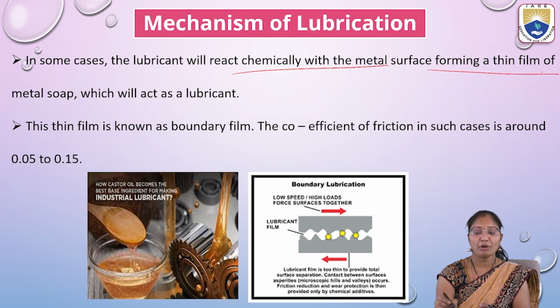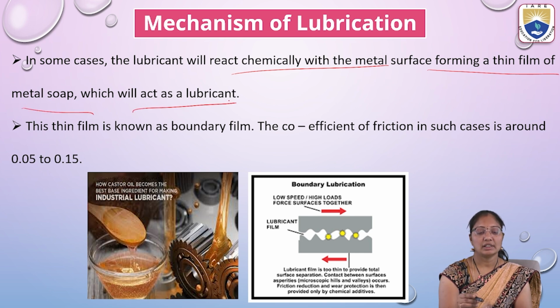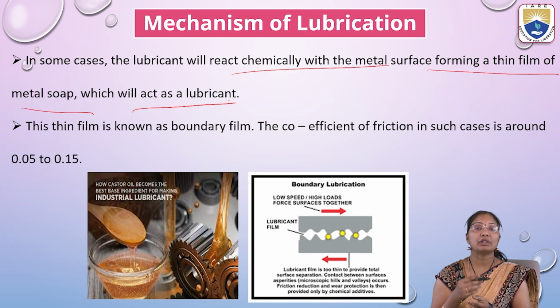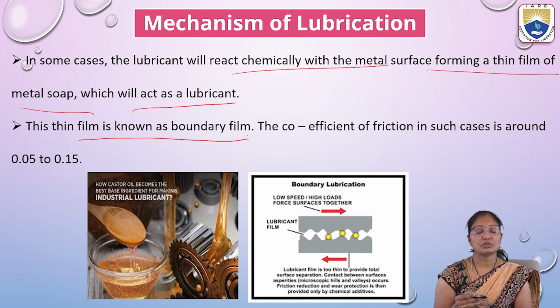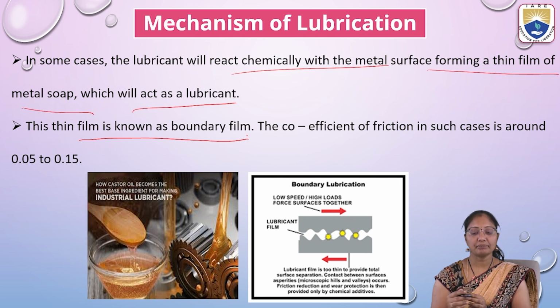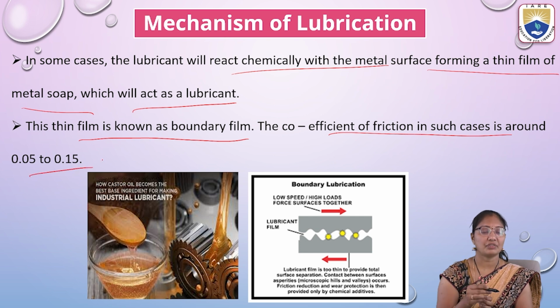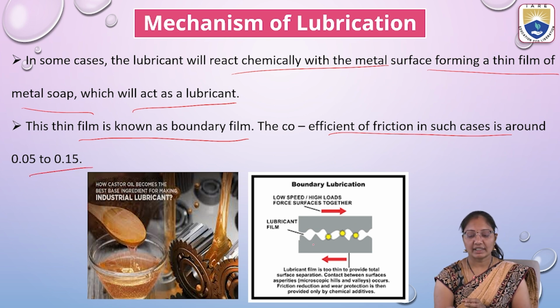So forming a thin film of metal soap which acts as a lubricant. Here the thin film will be formed, and it acts as a lubricant in between the two moving surfaces. This thin film is also known as a boundary film. The coefficient of friction in such cases is around 0.05 to 0.15. Here we can see the lubricant film is formed.